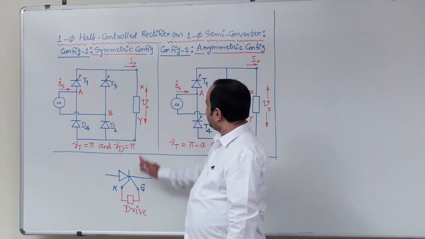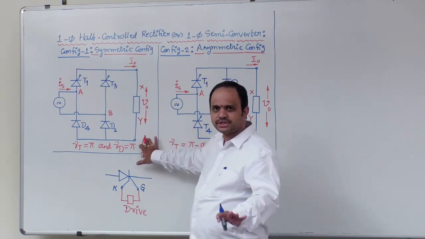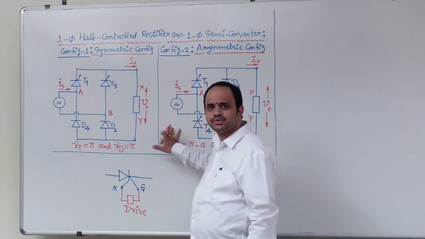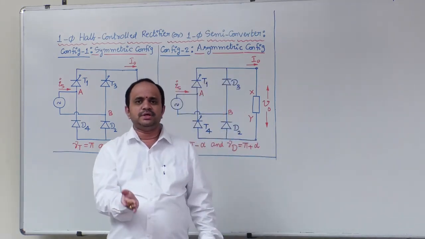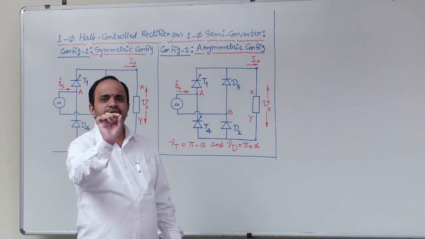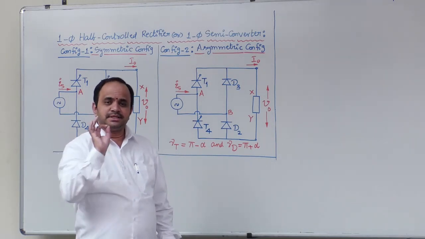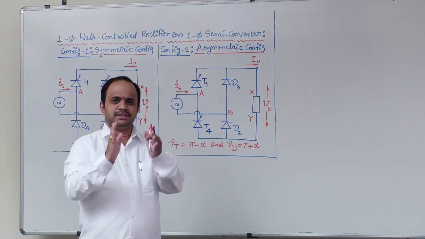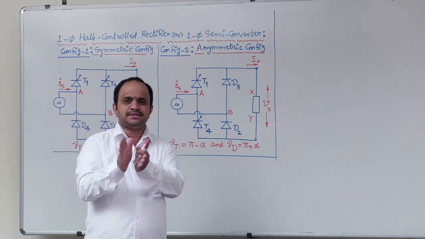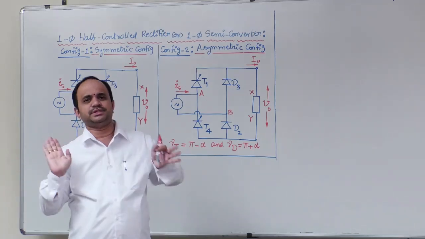Now observe carefully, in these two circuits, we just completed the analysis of these two circuits. They resulted in the same value of average output voltage and the same value of source current RMS values. What do you mean by that? Same output voltage and the same harmonic content in the source current.